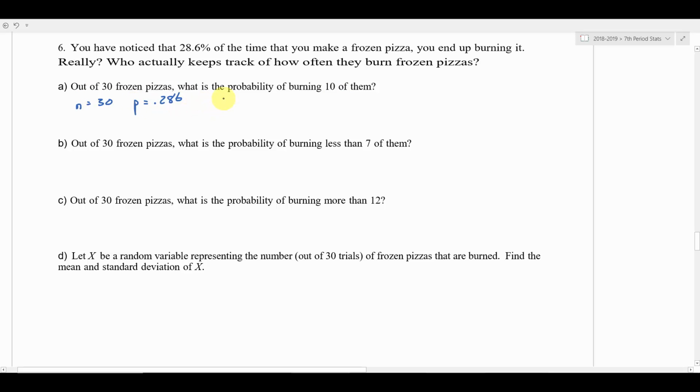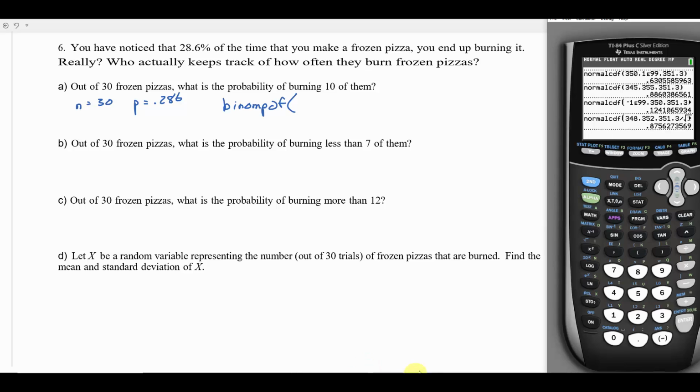So we're going to do a binom. Actually, this is a binom PDF because we're looking at the probability of burning exactly 10, right? So when you go to your calculator, you're going to go to second vars. We'll go down to the one that says binomial, and we're going to do binom PDF. And again, it just wants to know your trials, which we've already stated was 30.